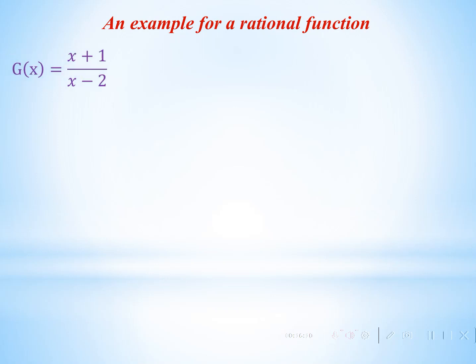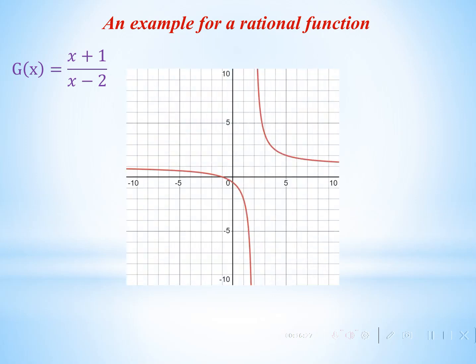And now let's see this example. g of x equals x plus 1 over x minus 2. First, let's plot the graph. There are many programs for drawing the function's curve. One of them gave the following curve. We can check the graph first.